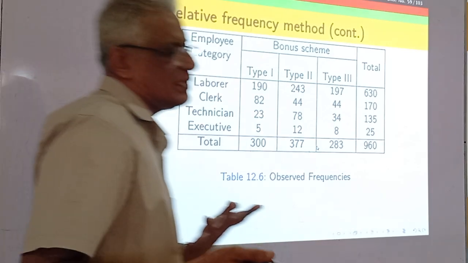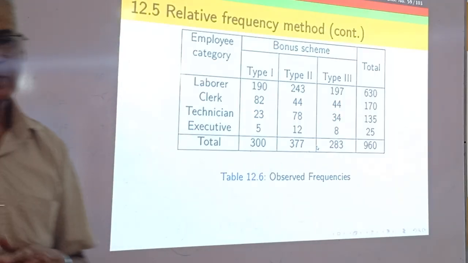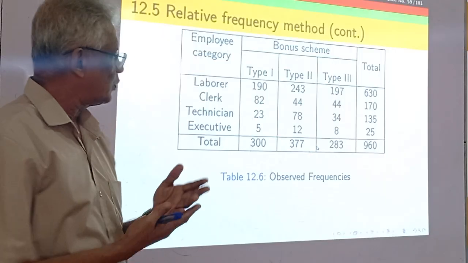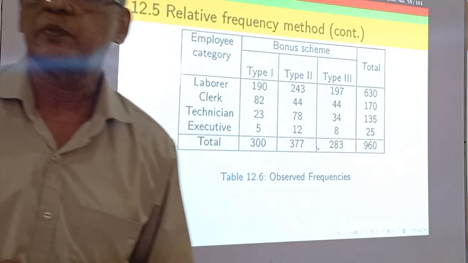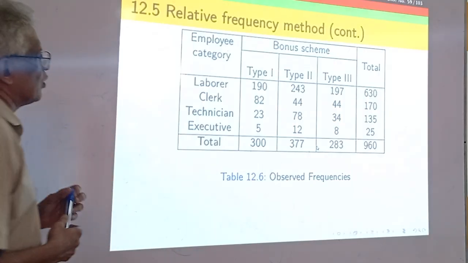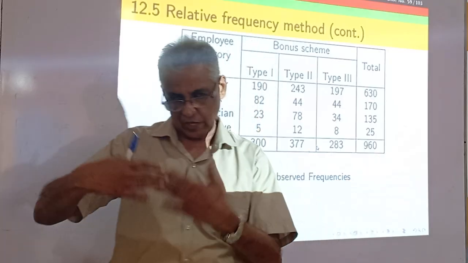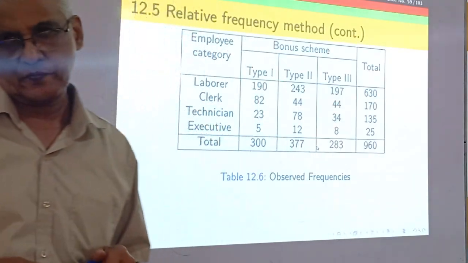So that probability is actually a kind of unconditional probability, considering the whole population. What is the probability that if you randomly select a person, the person is a laborer? That is 630 divided by 960. So the probability is calculated out of the whole 960.